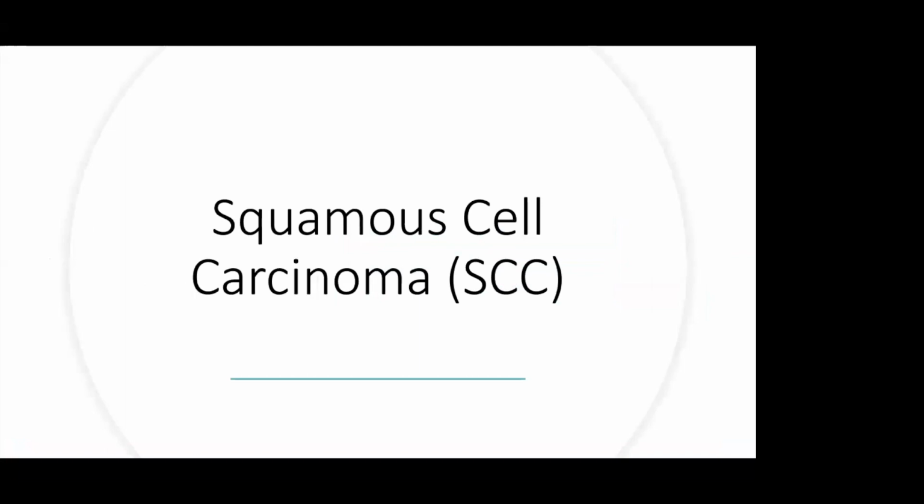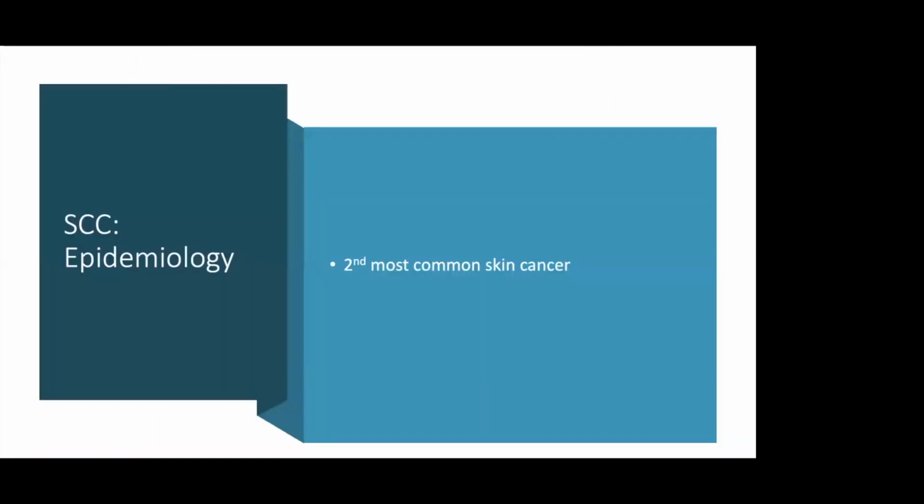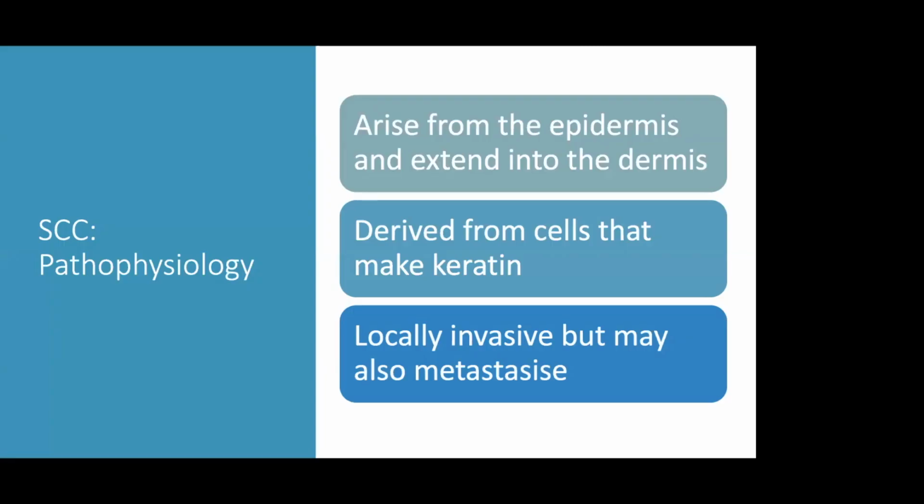So now we're going to go on to look at squamous cell carcinomas. These are the second most common type of skin cancer and account for about 20% of non-melanoma skin cancers. They arise from the epidermis, the uppermost layer of the skin, and extend down into the dermis.